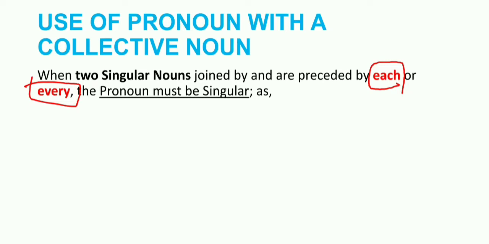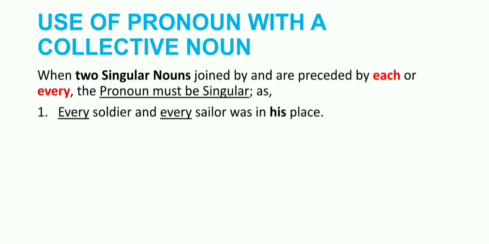They also take a singular verb and a singular pronoun. Now we are learning about pronouns, so together with the pronouns we must also repeat the usage of the verb.